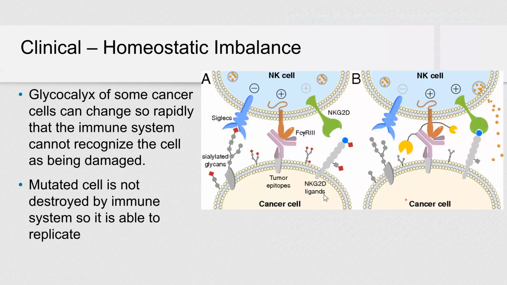Now here are some clinical considerations of homeostatic imbalance. The glycocalyx of some cancer cells can change so rapidly that the immune system cannot recognize the cell as being damaged.